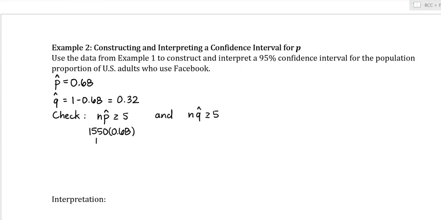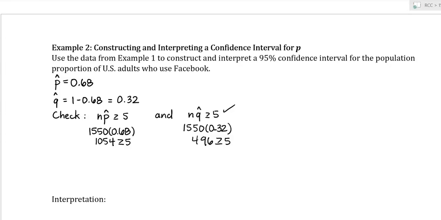That comes out to be 1,054, and that is greater than or equal to 5. And then I'm also going to check that n times q, so 1,550 multiplied by 0.32, comes out to be 496. That is also greater than or equal to 5.